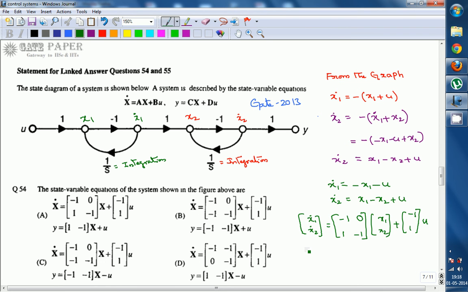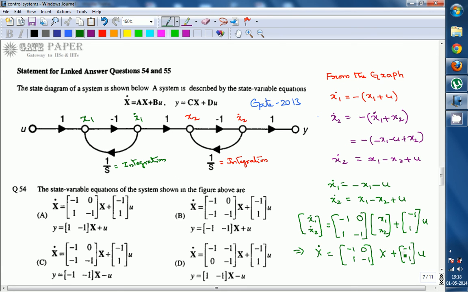So we can write this in the vector form. x dot represents the matrix of x1 dot and x2 dot, equals the matrix minus 1 0 1 minus 1 times x, plus minus 1 1 times u.